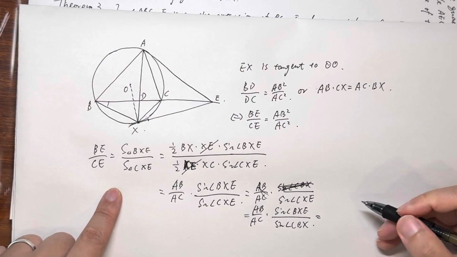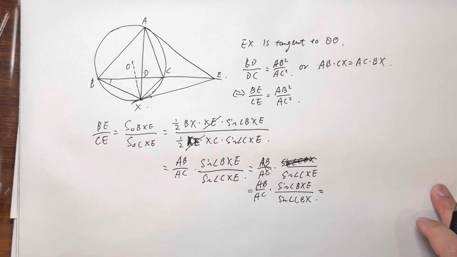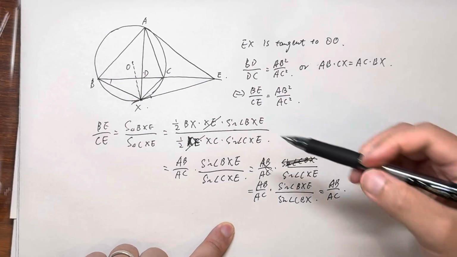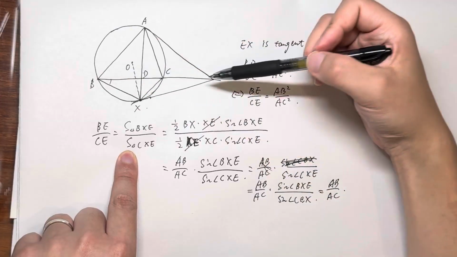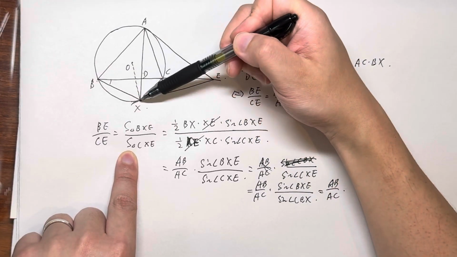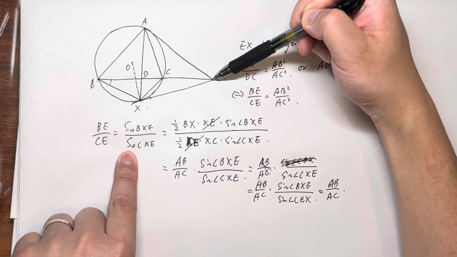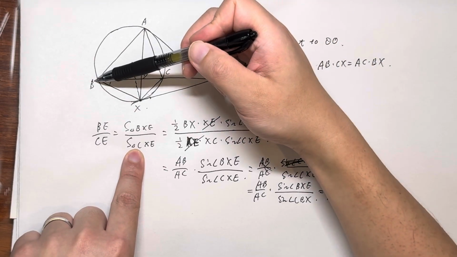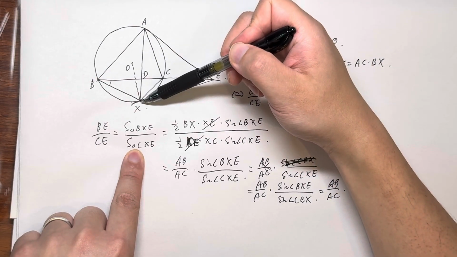So this one equals AB to AC times sine angle BXE to sine angle CBX, right?